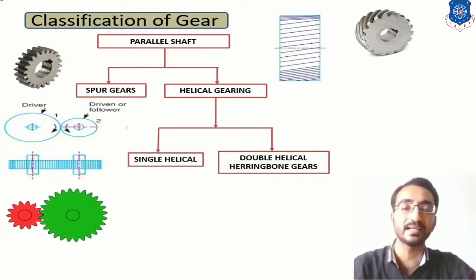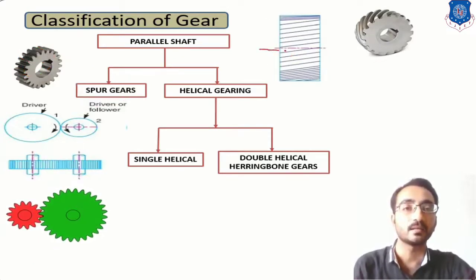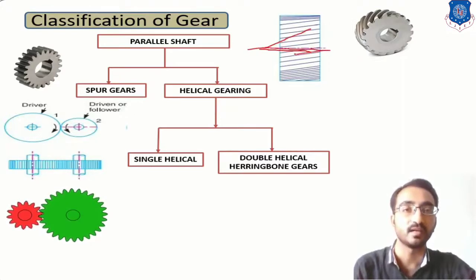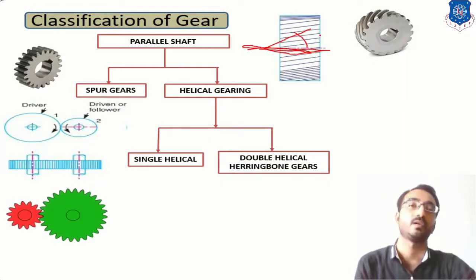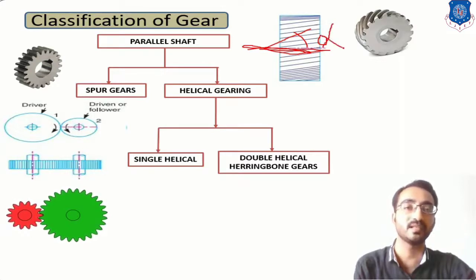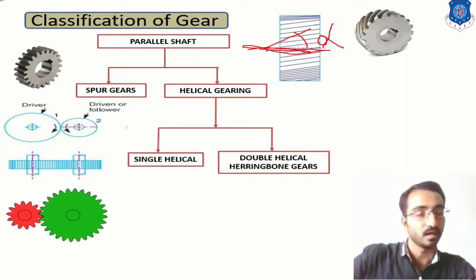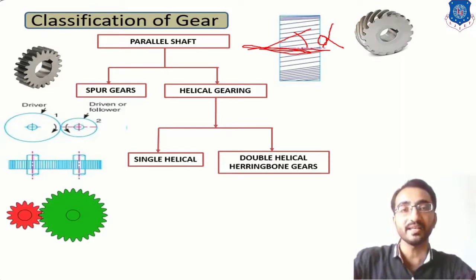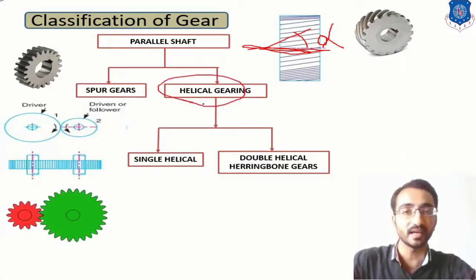In a helical gear, the teeth are inclined at a certain angle with the axis of shaft, and this angle is known as the helix angle. If you refer to it as alpha or lambda, we can say that if the teeth of a gear are inclined with the axis of shaft, then that type of gear is known as a helical gear.